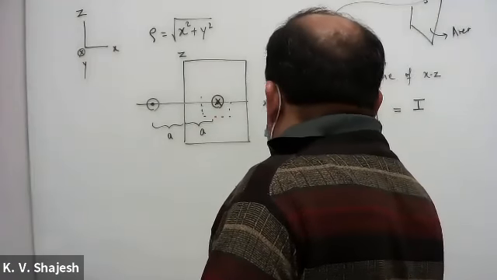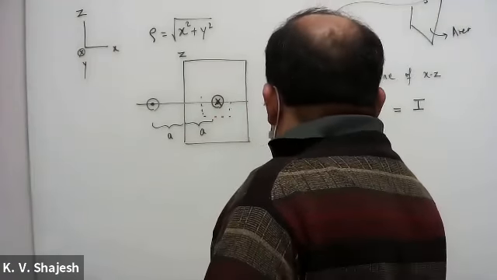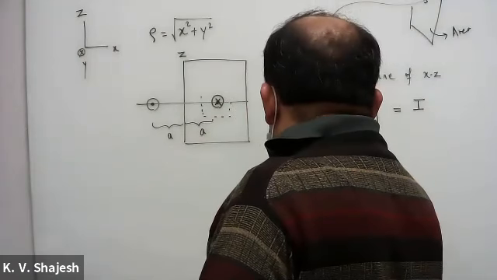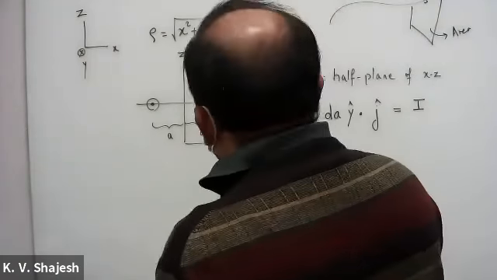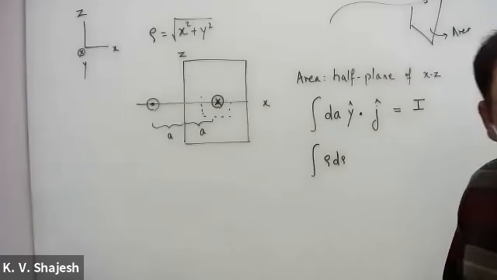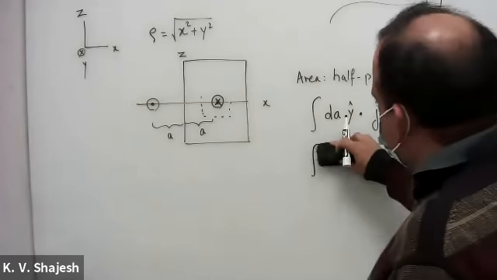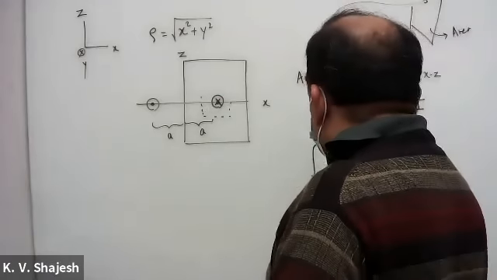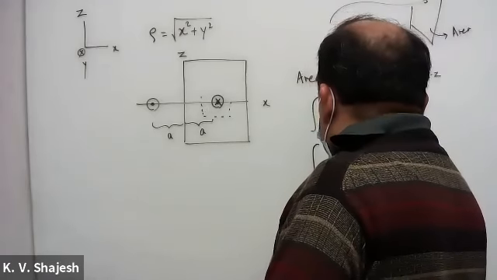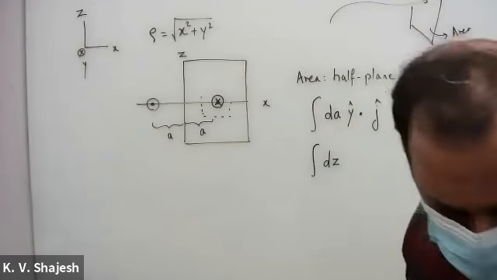We are doing rectangular coordinates, so I can do d rho, rho d rho, or actually, careful, we have to do x and z, right? So hold on. How do I do this? So this is dz in one direction, and dx.